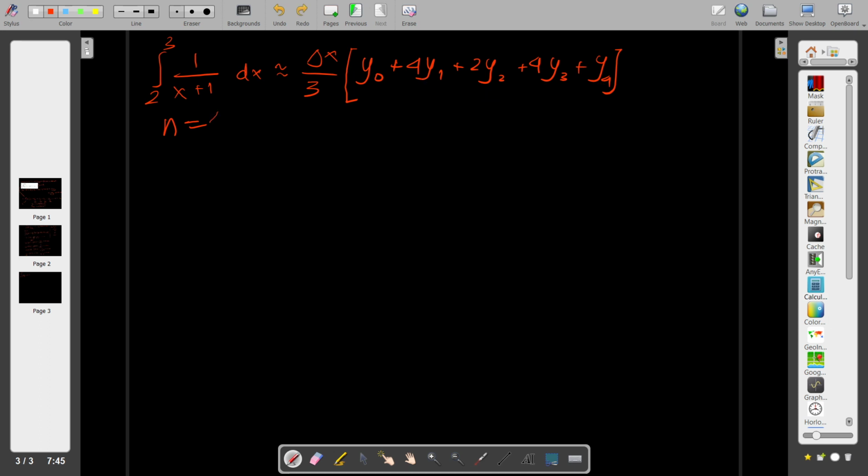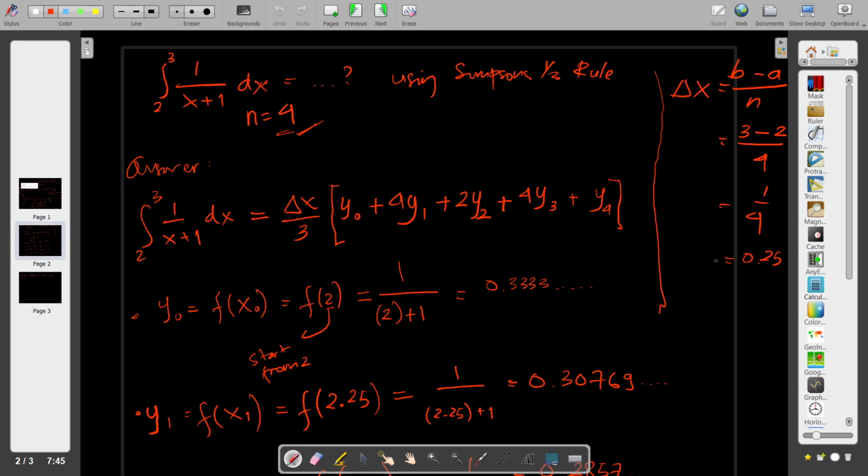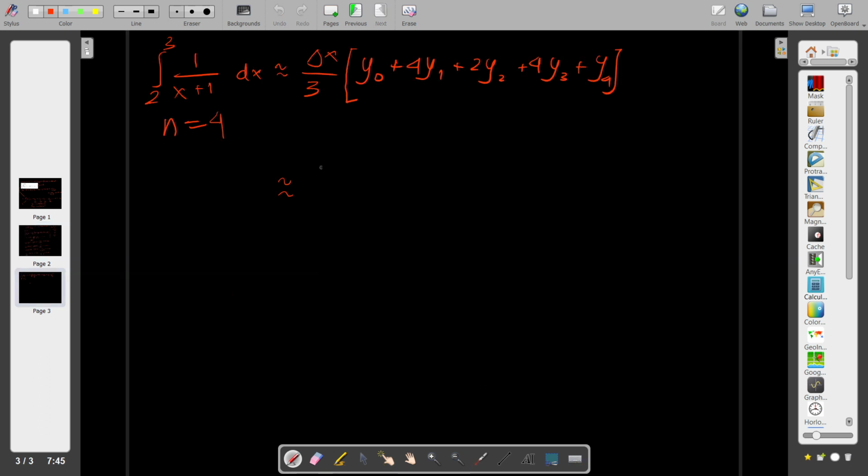So our delta x is 0.25, so 0.25 divided by 3.